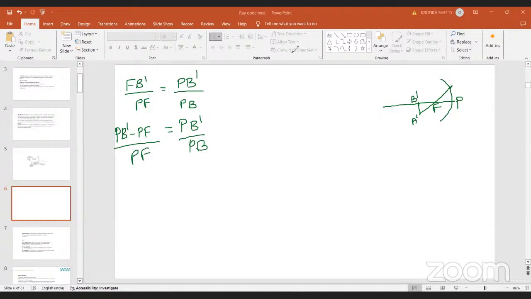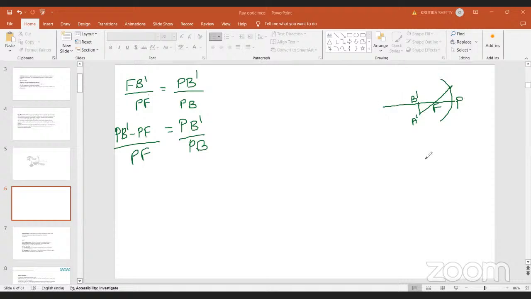So see from the figure, you can see FB' here. Can we write FB' as PB' minus PF?